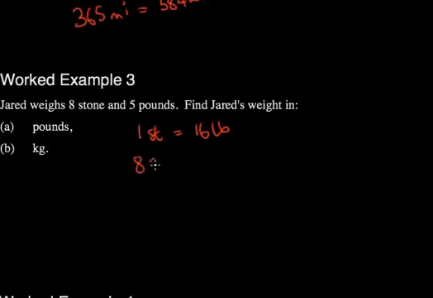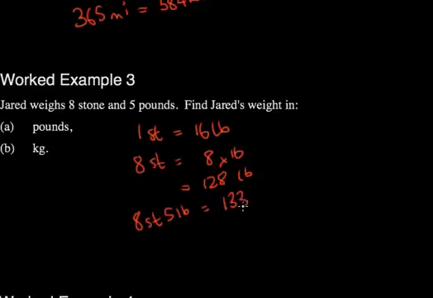So 8 stone is 8 times 16, which is the same as 64 times 2 is 128 pounds. And then we just add the extra 5 to that, so 8 stone and 5 pounds. We would add 5 to that, so we get 133 pounds. So that is the answer to A.